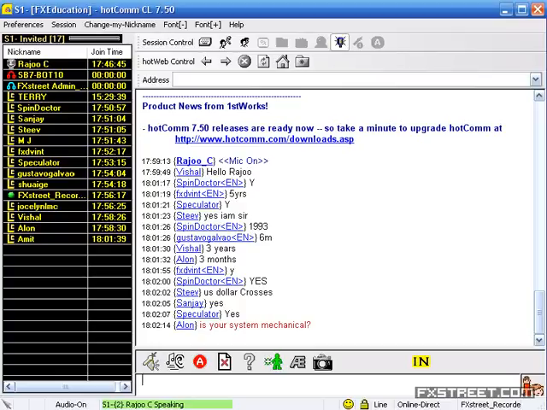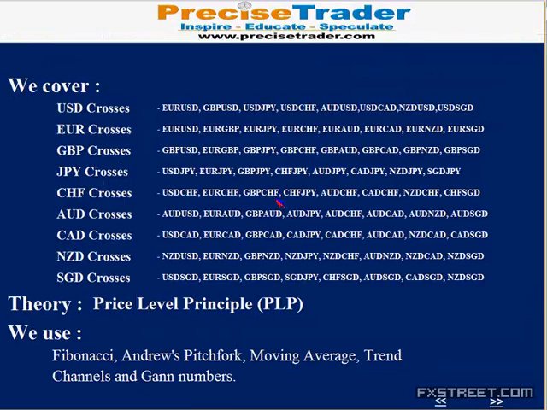When I say reward, it means at least a few hundred pips within a couple of days, or it may even be within a couple of hours.